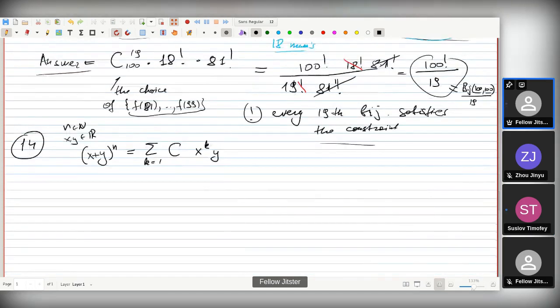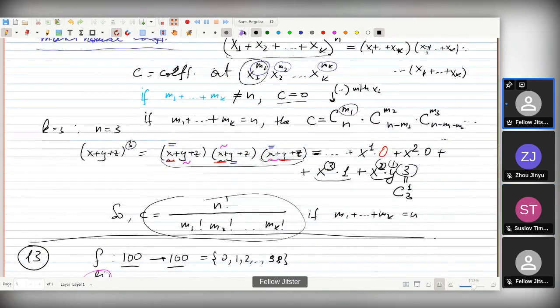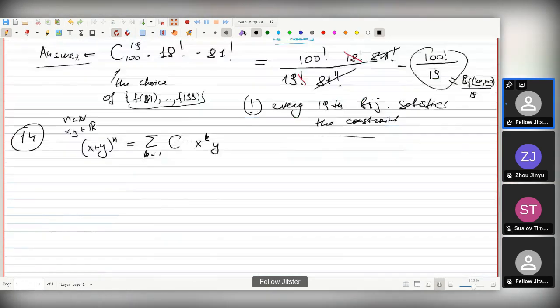We have n already, minus k. Of course, exactly. We know that the sum of these degrees must equal n. So if the degree of x was k, then the degree of y is n minus k. And what is the coefficient here? Where k runs from 0 up to n, n plus 1 summands. Is it clear? Yeah.